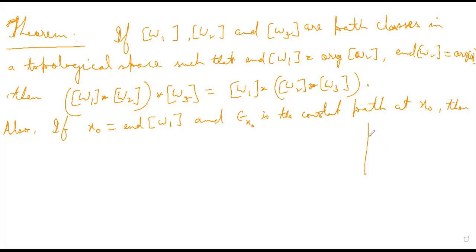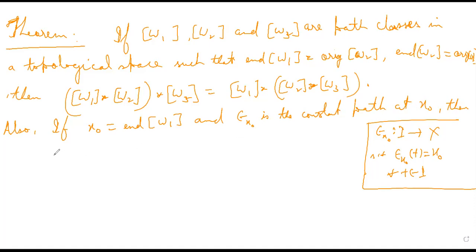Then what does it mean? Constant path at x naught means what? It is a path from here to here such that epsilon x naught of t equals x naught for every t belonging to I, right? And this is the constant path at x naught.